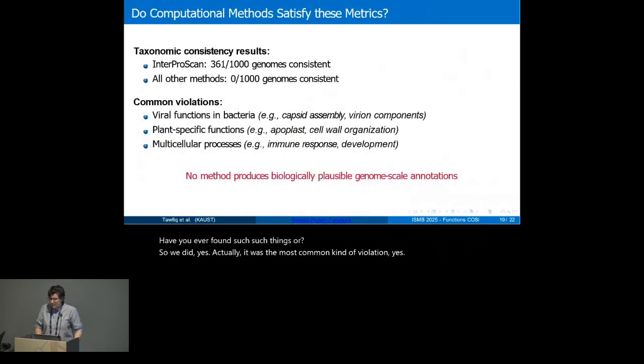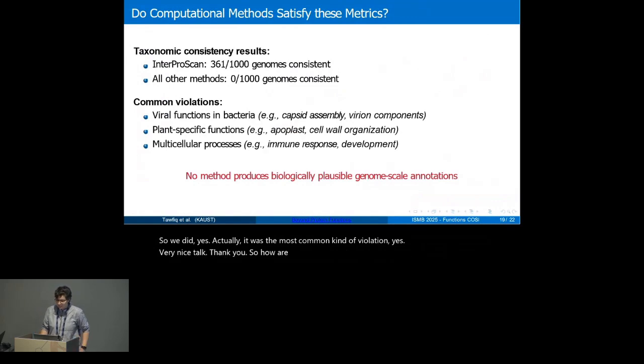Very nice talk, thank you. So how are you dealing with multifunctional proteins? They cannot have mutually exclusive functions, but we know that you may have a protein working in translation and in transcription, like the C-terminal domain of CRFAH. How can you include this kind of behavior? Because it's not anecdotal in your system. I'm not sure I understand. You mean if there are proteins that may have more than one function?